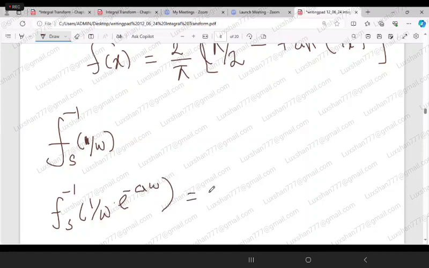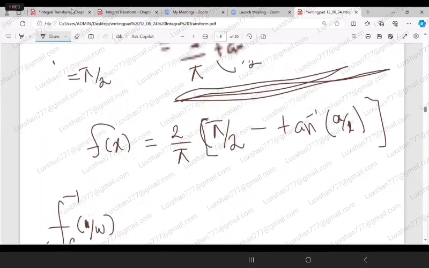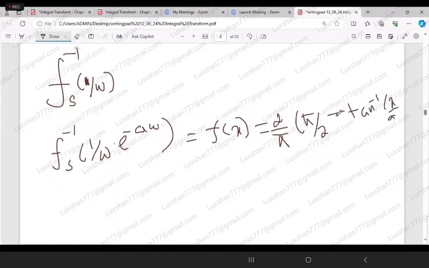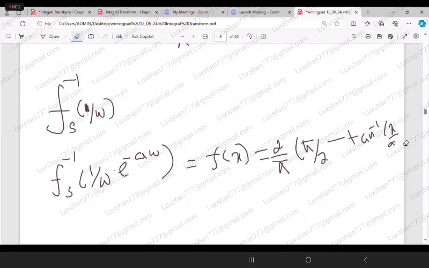So actually, we found f(x). We found that f(x) equals 2 over pi, I'm sorry, that is equal to 2 over pi into pi by 2 minus tan inverse a over x.